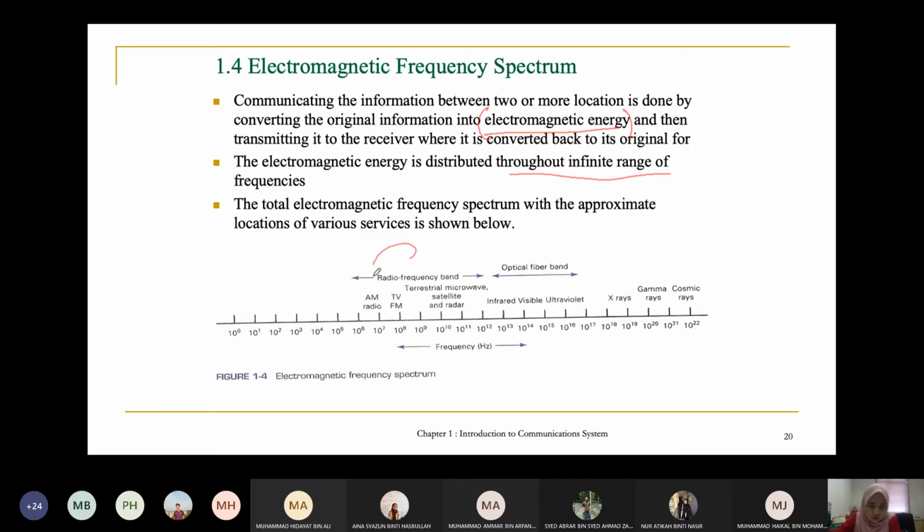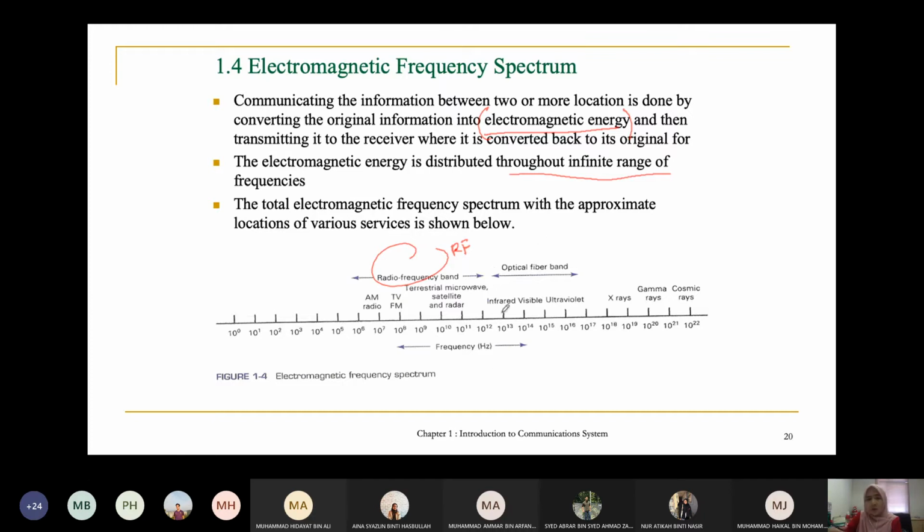For example, the radio frequency, RF, band varies from 10 to the power of 6 until 10 to the power of 12 Hertz. This band consists of AM radio, television, satellite and radar. All of this falls under the radio frequency band.